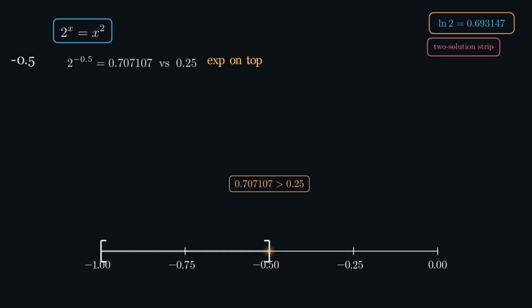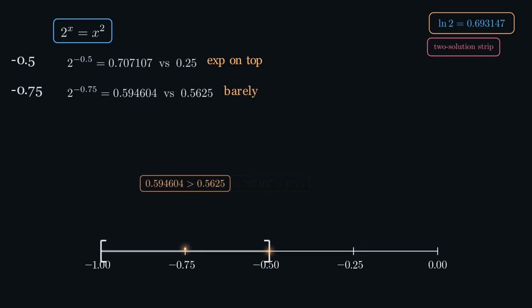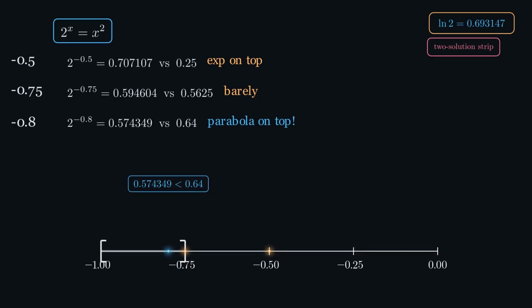Exponential on top. x equals negative 0.75. Exponential gives 0.594604. Square gives 0.5625. Exponential still on top, barely. x equals negative 0.8. Exponential, 0.574349.